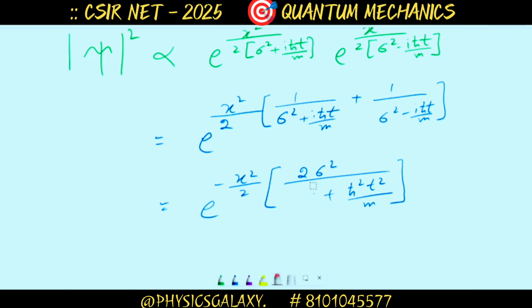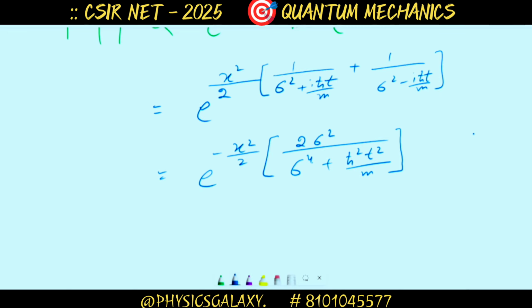So this will be sigma square, right? Sigma 4, so we can cancel one sigma square, so it will be e to the power minus x square by 2, then 2 divided by sigma square plus h cut square t square by m sigma square.